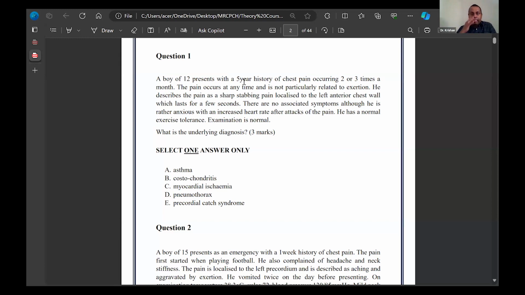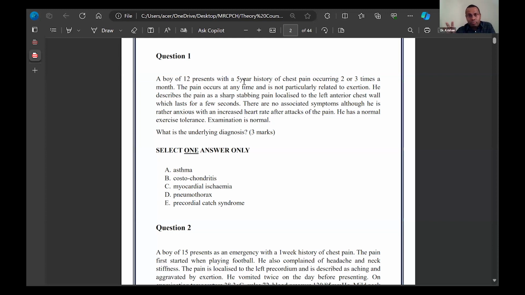Or if they say the pain is ongoing for 1 month, intermittent, and it is more in the evening upon exposure to dust or smoke, and then the child was also found to have bilateral wheezing upon auscultation, then you know that he is talking about asthma, right?